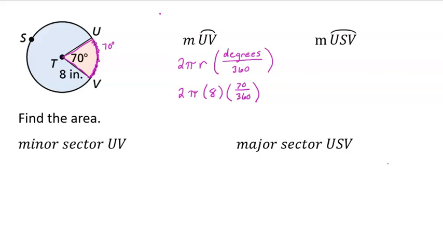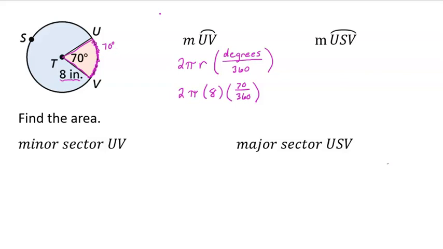The formula that I chose for circumference, I went ahead and used 2 pi r because it already gave me r here. If it gave me the diameter right off the bat, then I would have probably used the diameter. So use whichever formula makes the most sense or makes it easy. Just make sure that you're plugging in the right number for either radius or diameter.